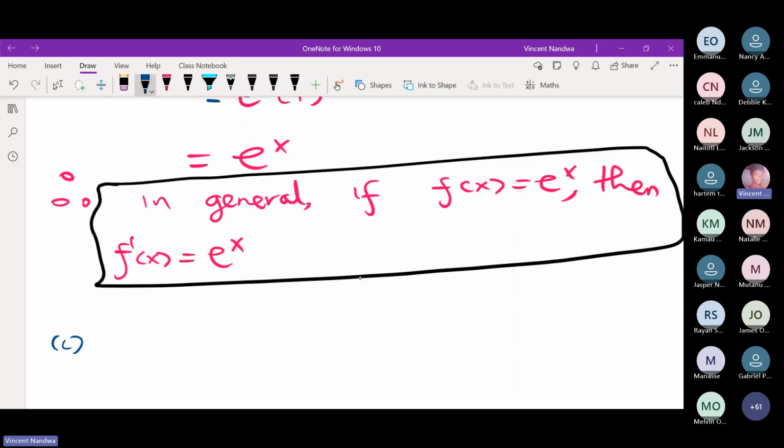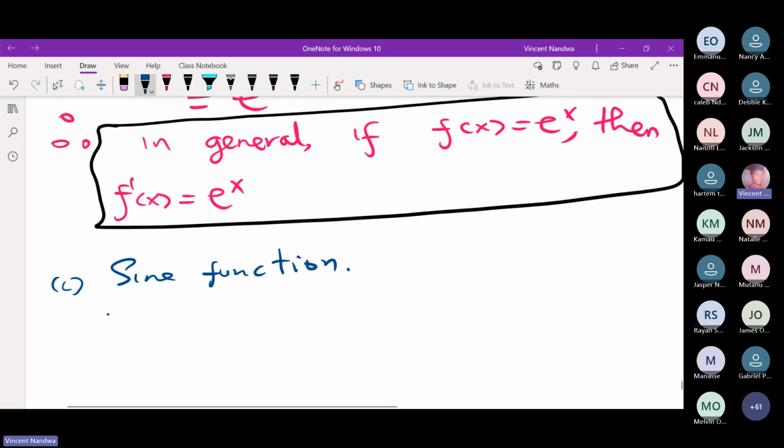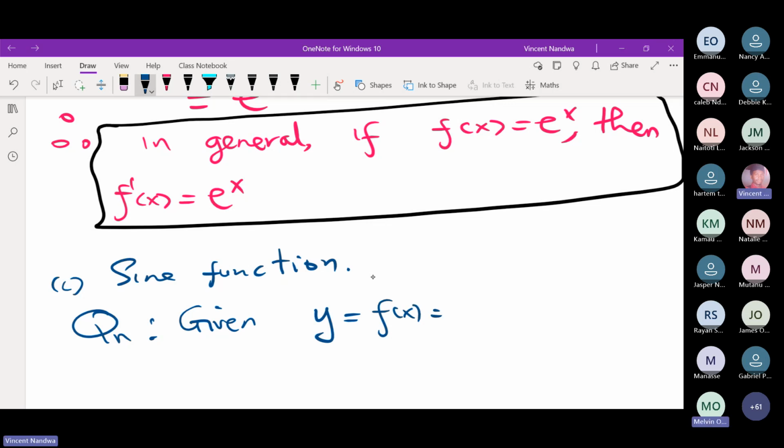So, the sine function. The question is, given y equals f of x equals sine x, find dy dx.